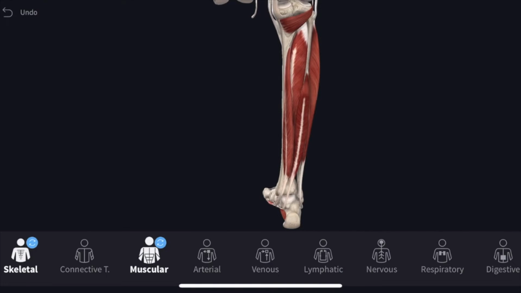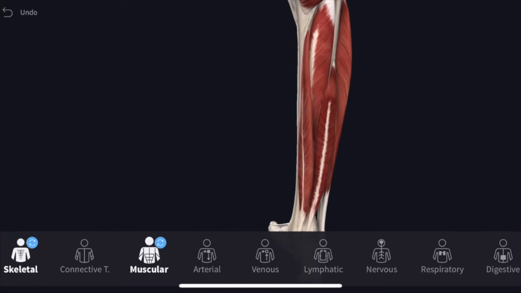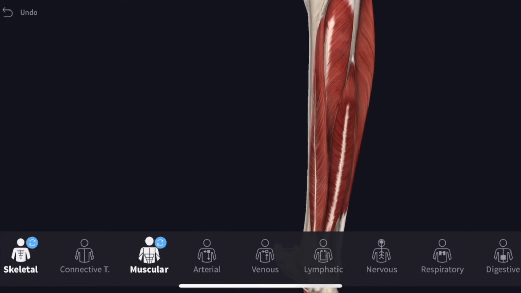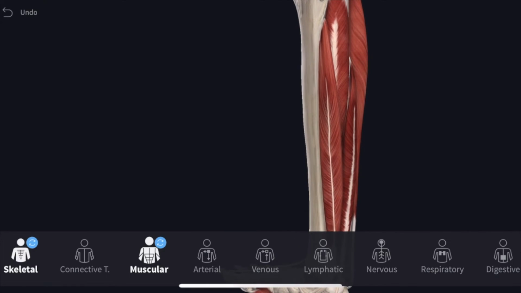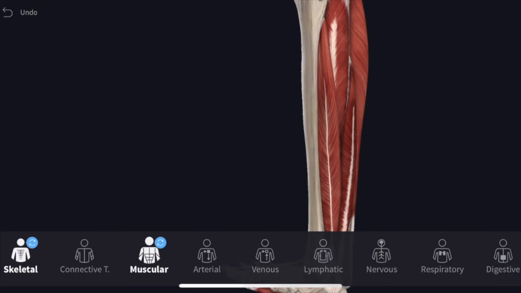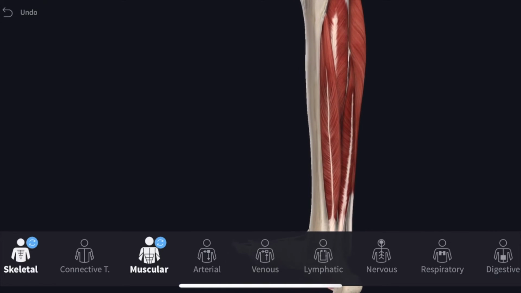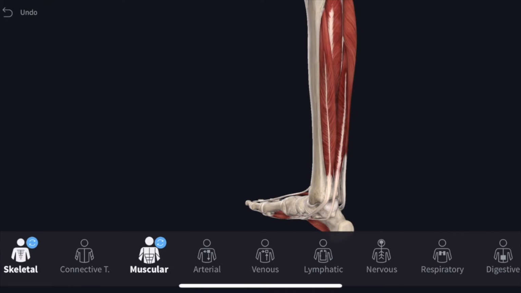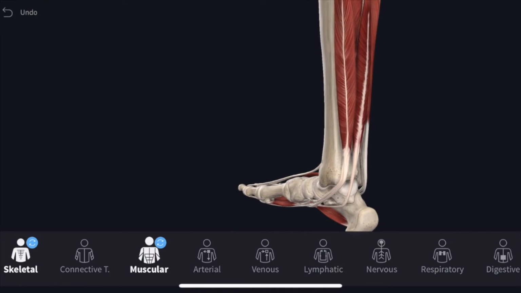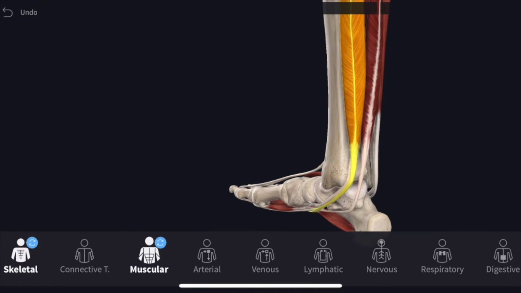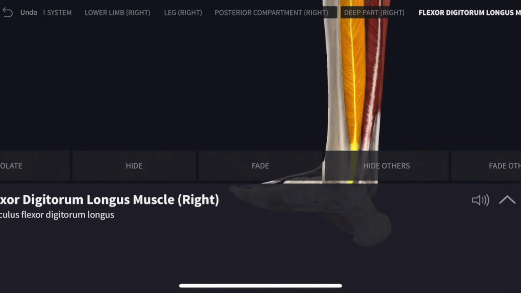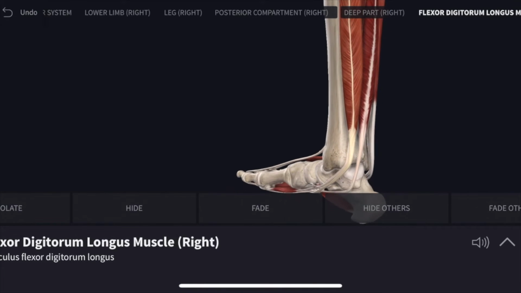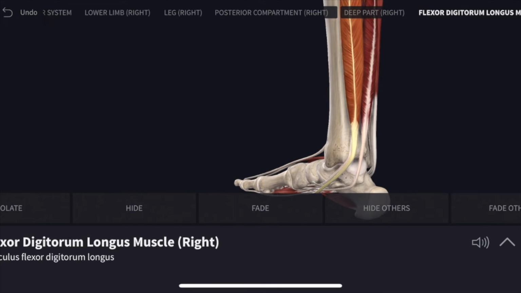The flexor digitorum longus arises from the medial part of the posterior surface of the tibia, inferior to the soleal line. The tendon passes behind the medial malleolus in a groove that also contains the tibialis posterior tendon.